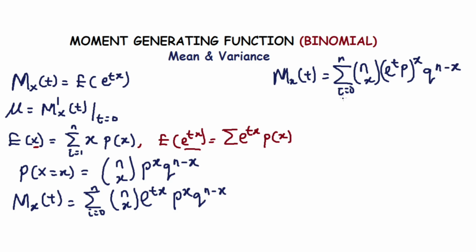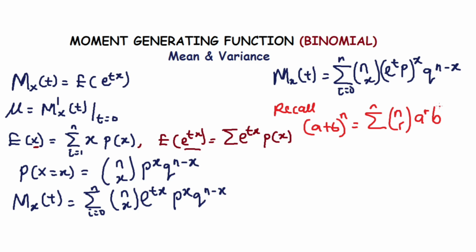We can make this a little bit easier by recalling from our binomial theorem that (a plus b) to the power of n is the same thing as the summation of n choose r, a raised to the power of r, b raised to the power of n minus r.